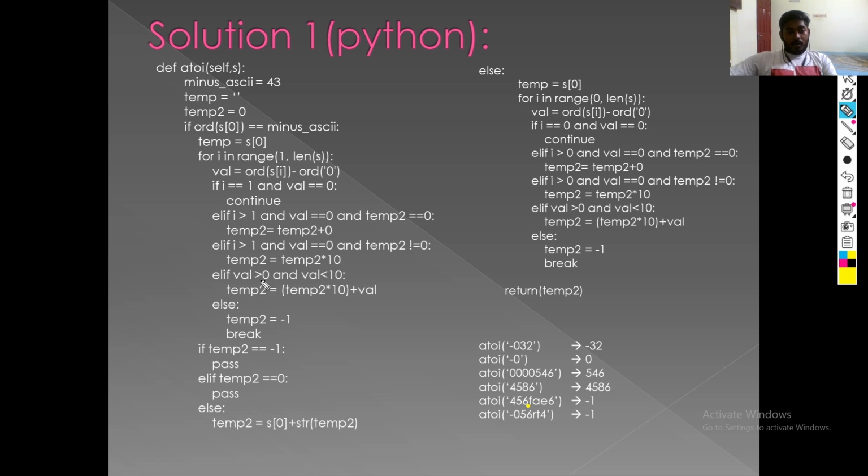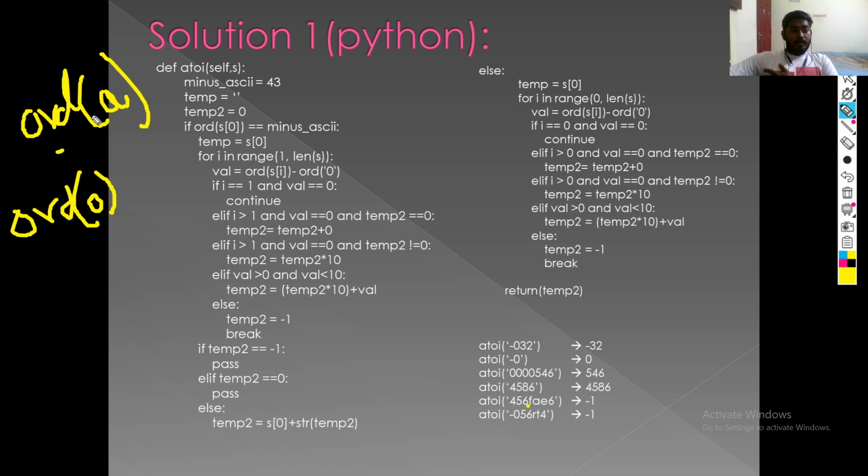For example, we are getting a value like a over d of 0 minus over d of a. Obviously it is not in the range 1 to 9. Then all these statements won't pass, it will come to the else part. Then this works: temp2 is equal to -1, and the loop will be broken.